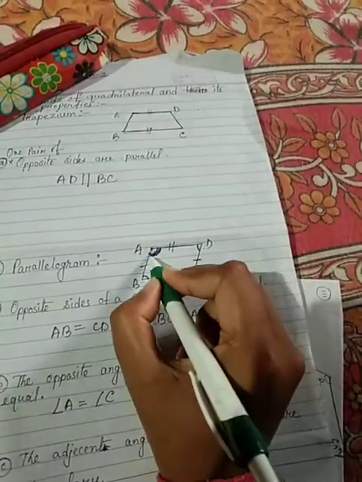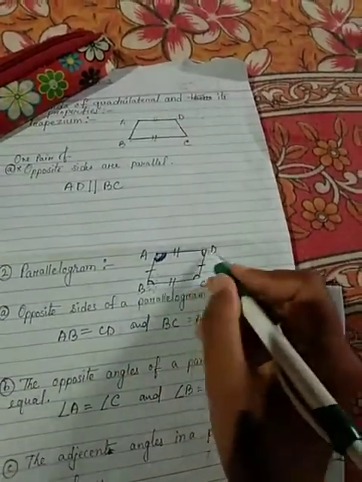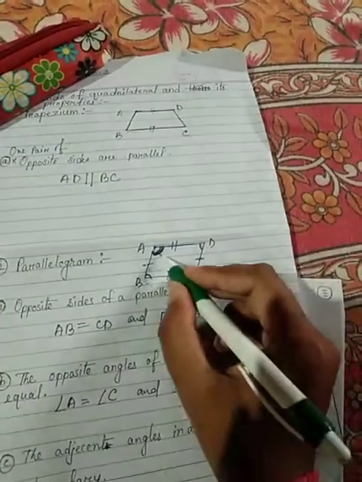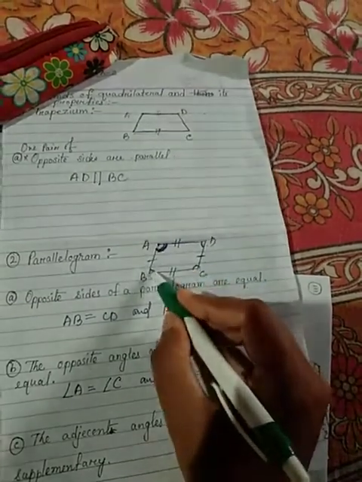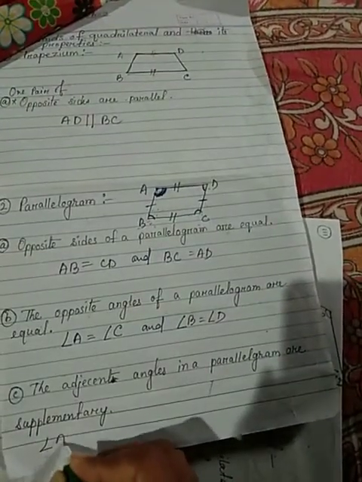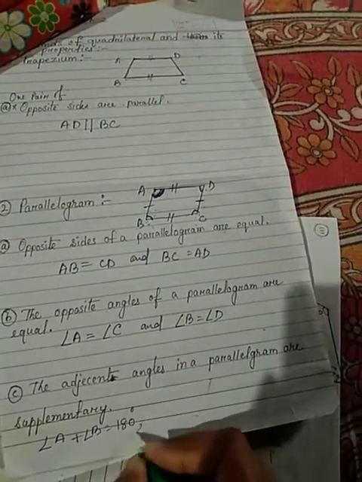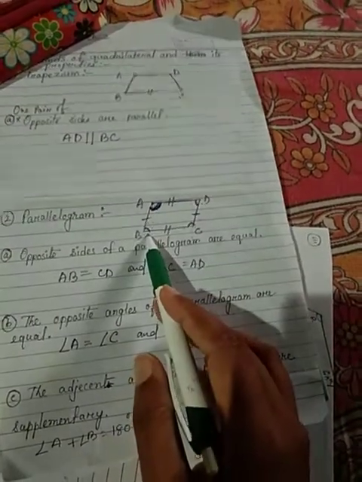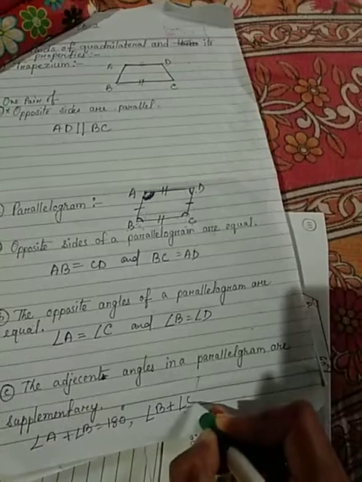Similarly, angle C and angle A are the adjacent angles of B, angle B and angle D are the adjacent angles of C, and angle C and angle A are the adjacent angles of D. So the sum of two adjacent angles is supplementary. That means angle A plus angle B equal to 180 degrees. Supplementary means 180 degrees. Same, angle B plus angle C also 180 degrees.